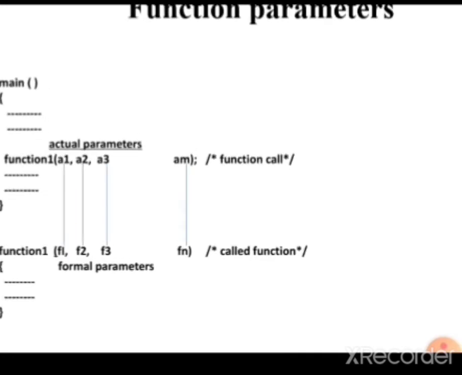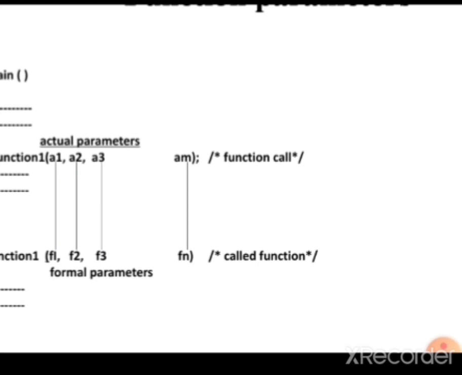Next, see here. Whatever parameter is present in the function call is referred to as the actual parameter. The parameter present in the function definition is called the formal parameter. The function call section is the calling program, and the function definition is the called program.